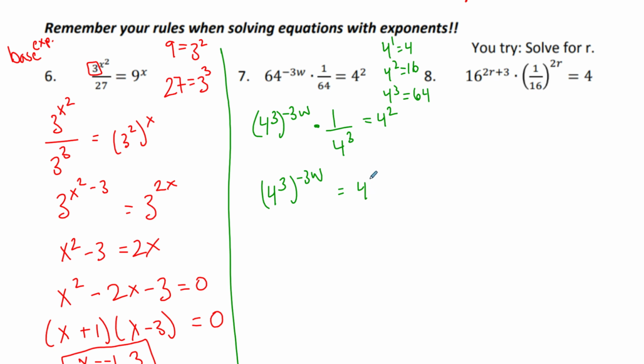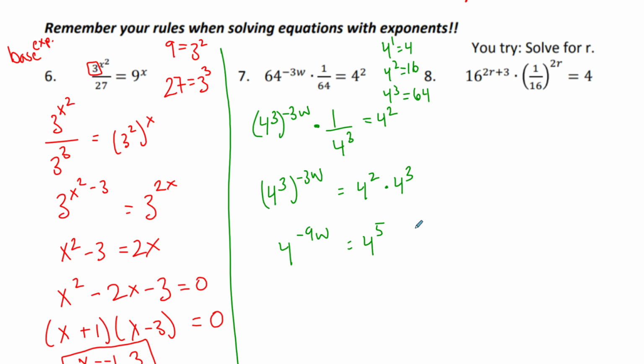So that's going to go up on the right here. Now, when we're multiplying our bases, we'll add our exponents. So on the right, I have 4 to the 5th. On the left, I'm going to multiply my exponents. So I have 4 to the negative 9w. Okay, I'm solving for w.